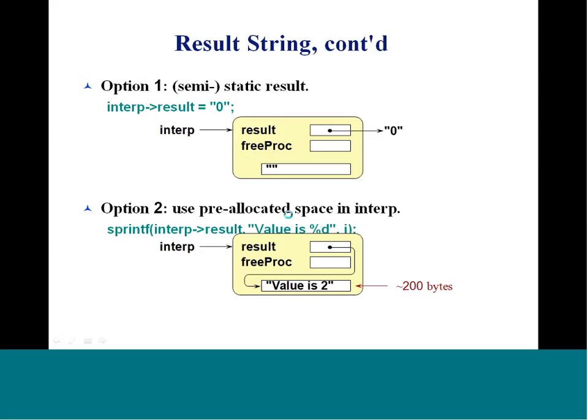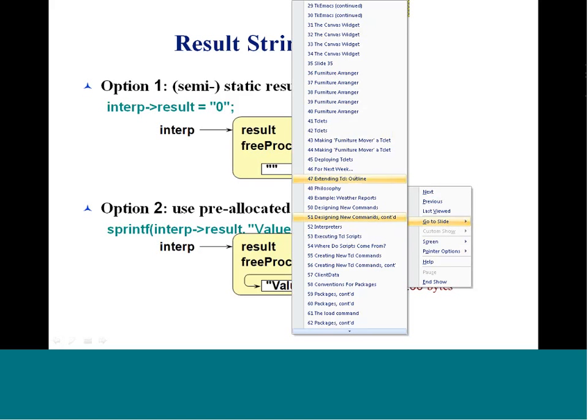So sprintf of the interpreter result, value is %d, and then i. That results in this kind of setup where we have the result as a pointer here, and then a free proc, which has a value for that.